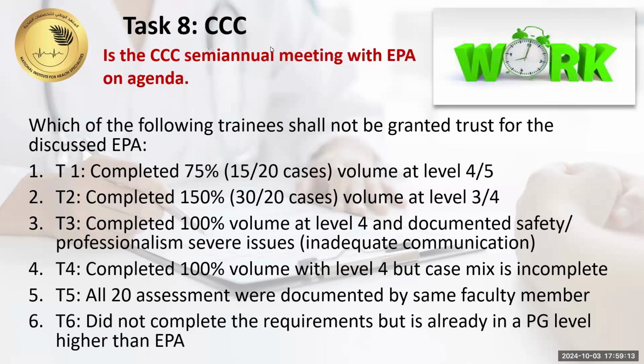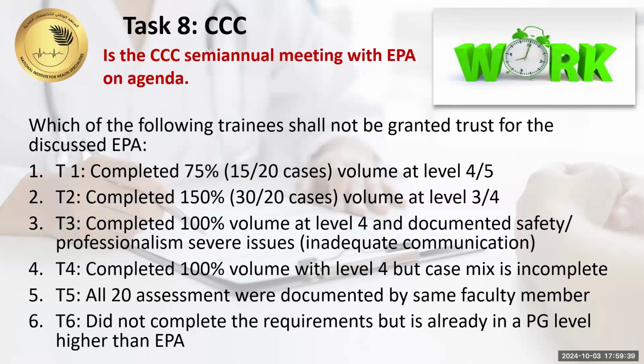I'm just giving an example. So I'm asking you, as a CCC member, to which of them would you give the entrustment? Or let's make it easy, to which of them you will not give the entrustment? 1, 2, 3, 4, 5, or 6. So would you be impressed by the quality?